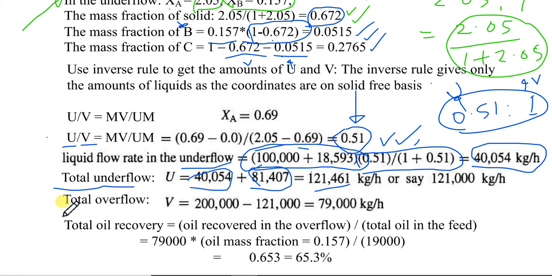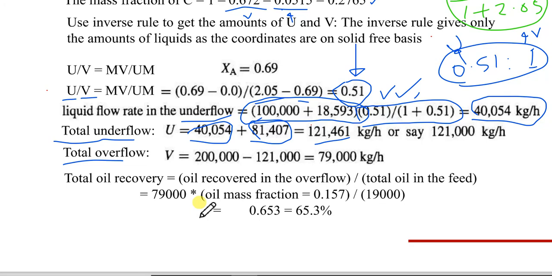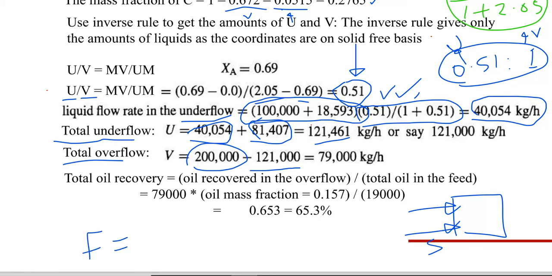Total overflow will be total in. We have F plus S, both are 100,000, so total in is 200,000.